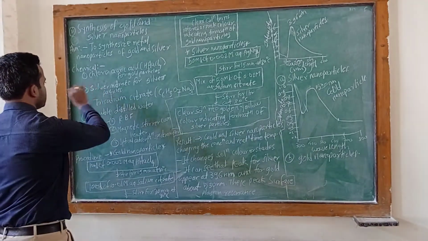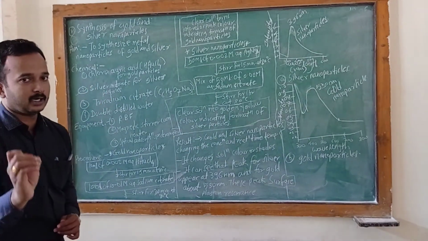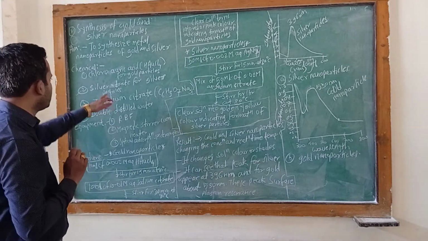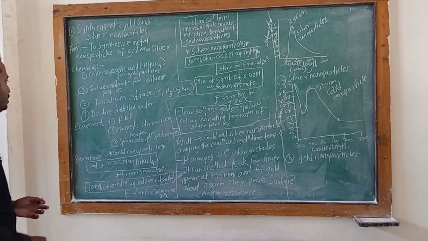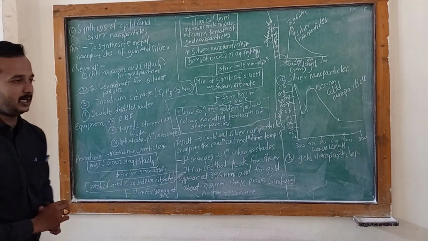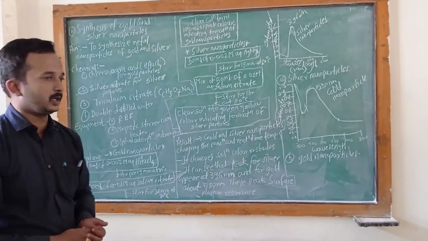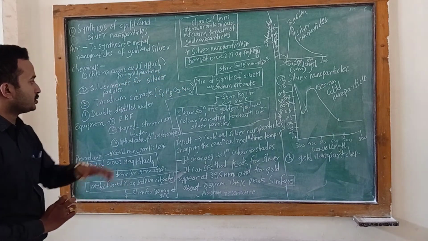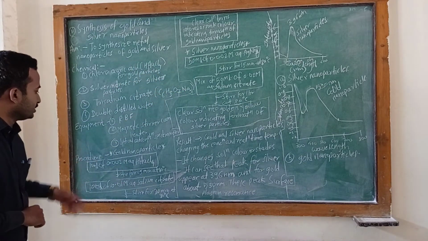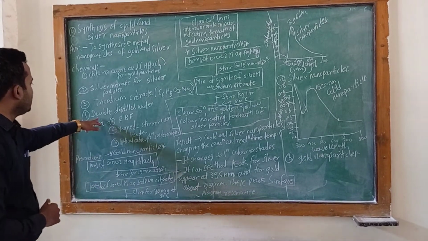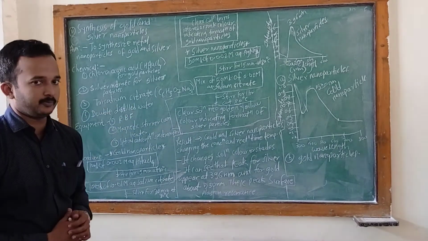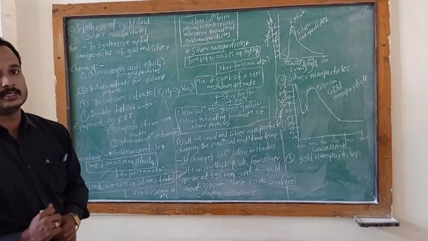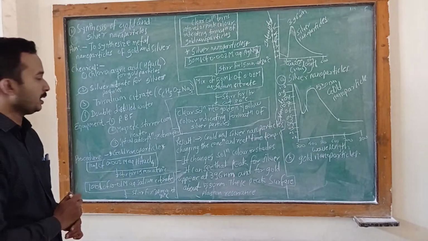Third is trisodium citrate, which is also useful in the synthesis. Fourth is double distilled water, which you also use in the synthesis of gold and silver nanoparticles.